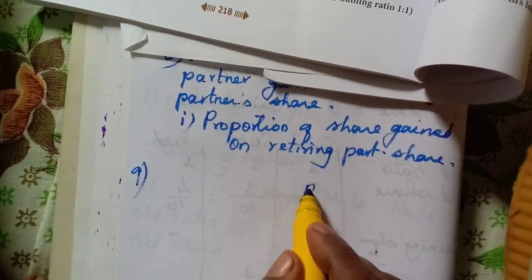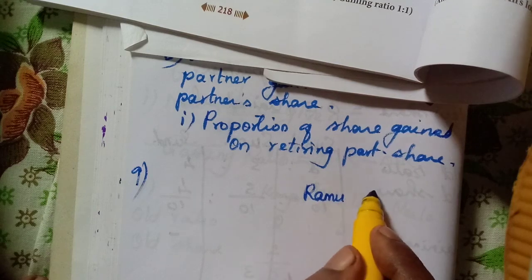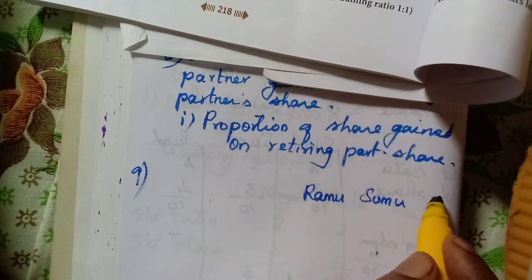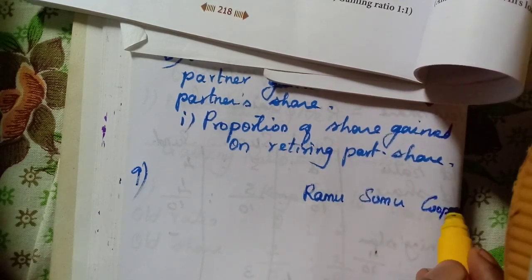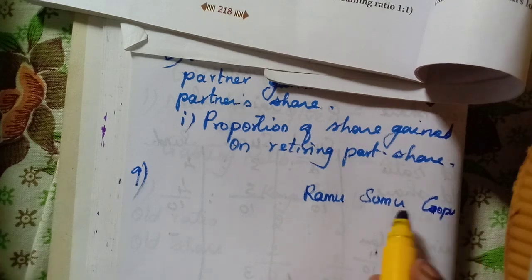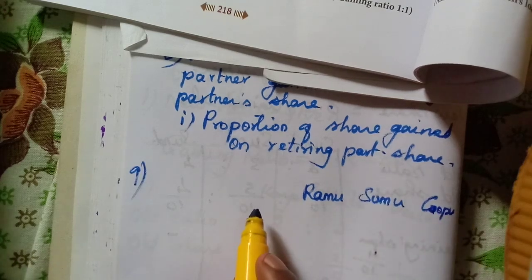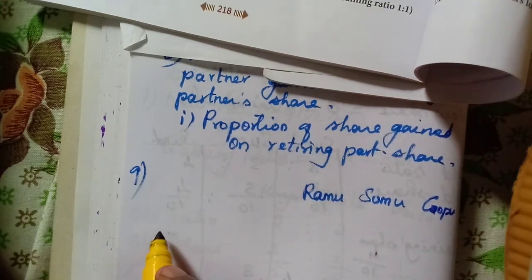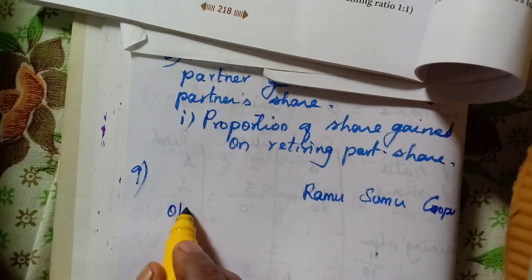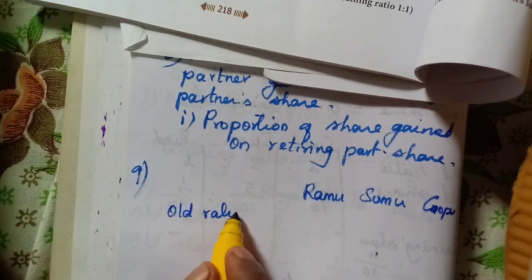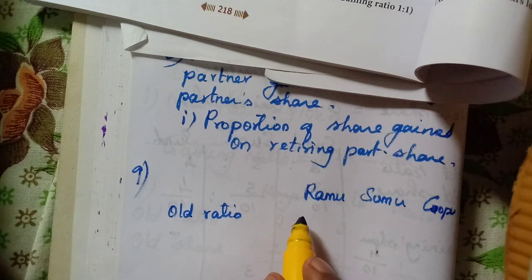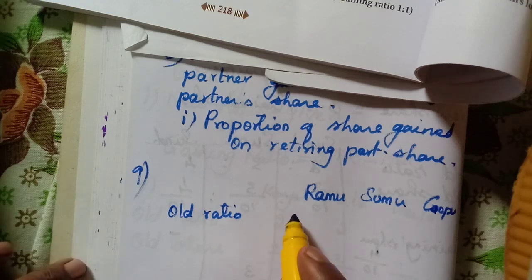Ramu, Somu, Gopu. Okay. Then old ratio 3:5:7.